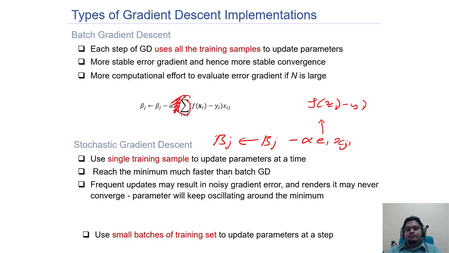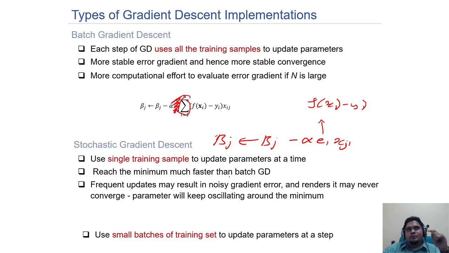Of course there are also disadvantages to using this approach. As you can read there, it reaches the minimum faster. Why does it reach the minimum faster?